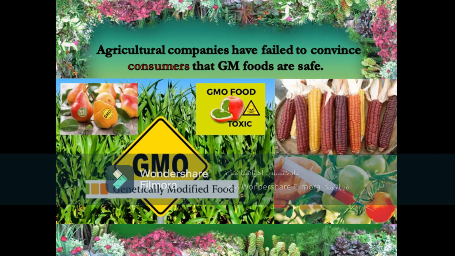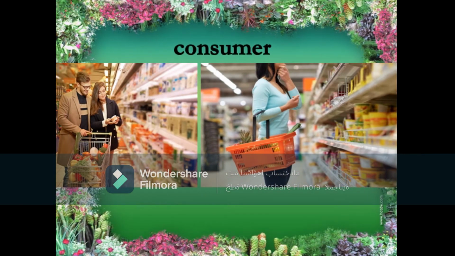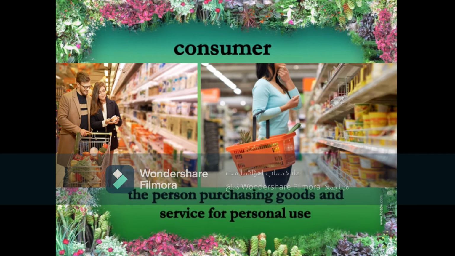Agriculture companies have failed to convince consumers that GM or genetically modified foods are safe. Consumer. I think it's easy for you now. The person purchasing goods and service for personal use.